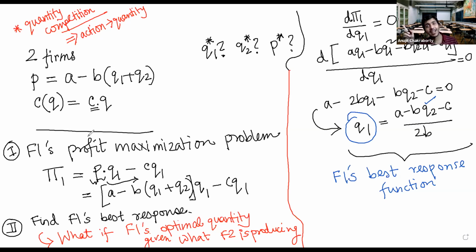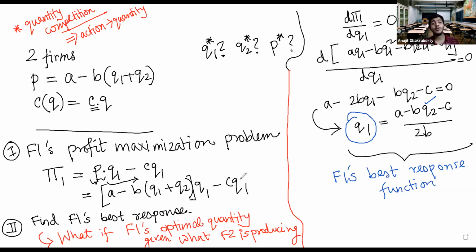So whatever firm two's action is, I can use that equation, and for that amount of Q2, it's going to tell me, as firm one, what's the best thing I could do. So that is my best response function.